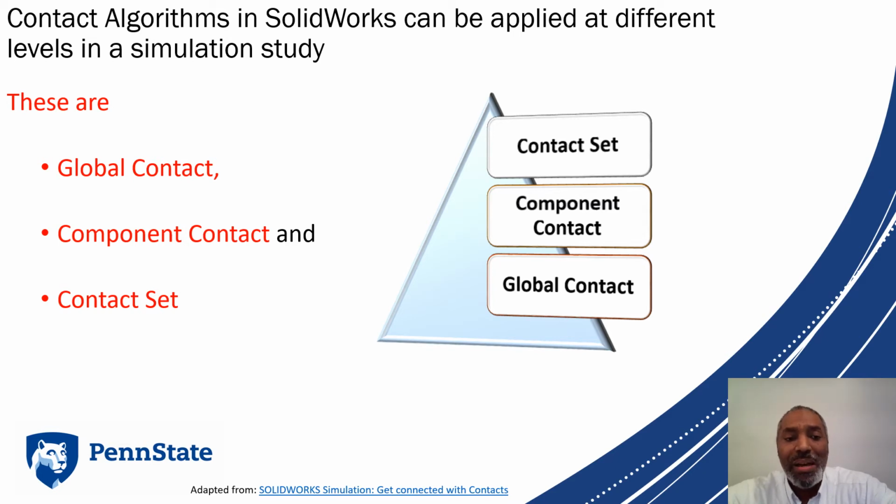We now need to know how to tell SolidWorks which things to look for to be in contact with each other, because there are way too many surfaces to check them all, and so we have to give them, as that figure suggested, pairs of things to look at to compare, or groups of things, group 1, group 2. We can do this by assigning things to either a global contact group, component contact groups, or contact sets. And each of these have different caveats, restrictions, and capabilities, which we'll talk about next.